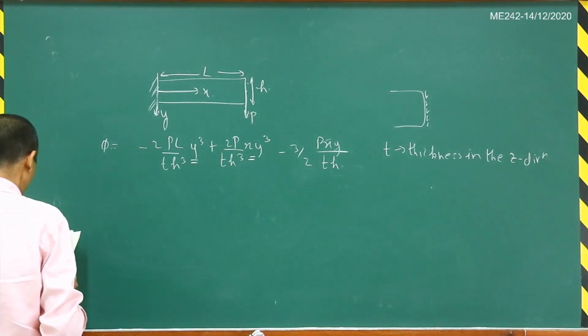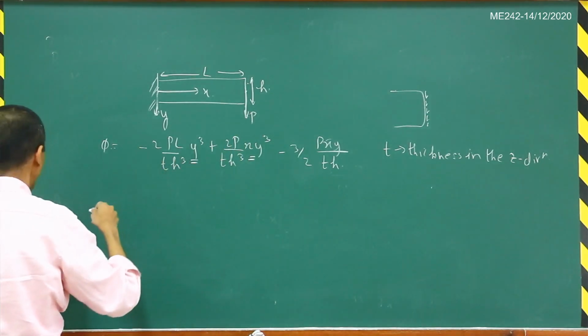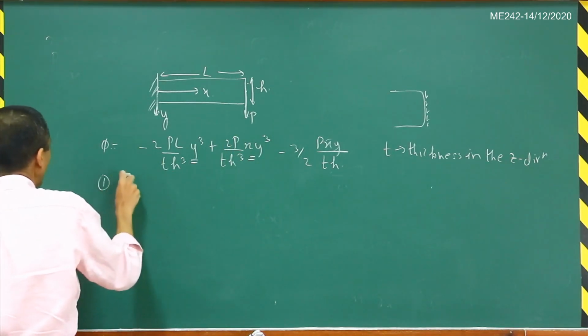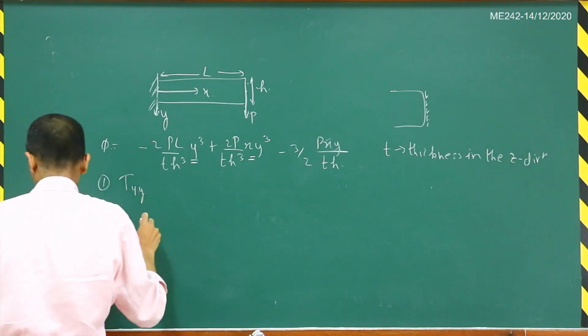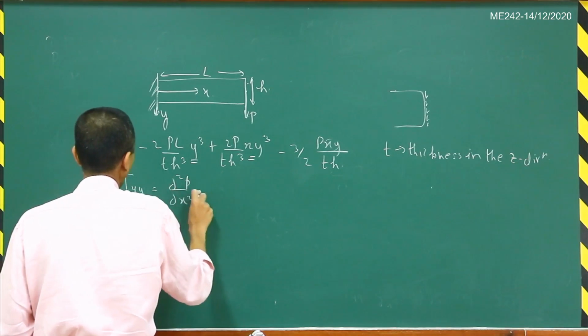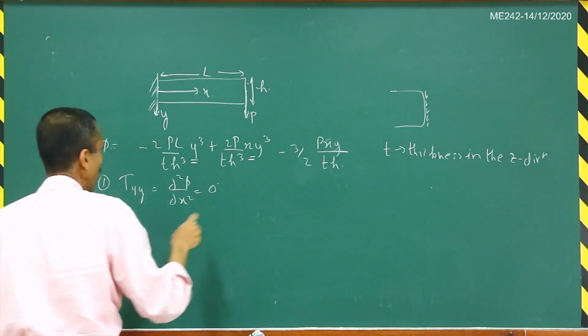Now let us look at what stresses are generated by this Airy stress function. One is that sigma yy is equal to del square phi by del x square, that is equal to 0. This is everywhere.